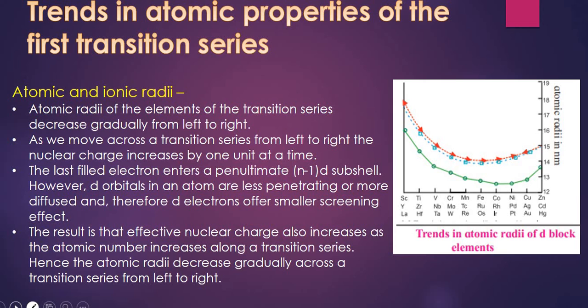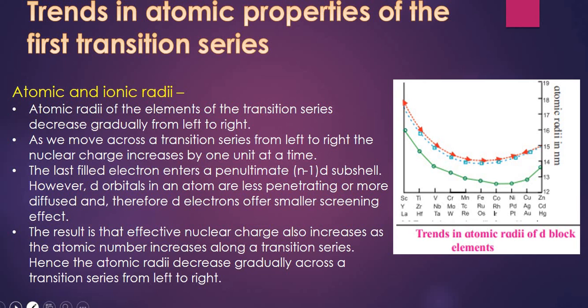There is one explanation for the minor variation in atomic radii within a particular transition series, but it is out of the scope. We are not going to learn that. We are only learning here that because of poor shielding, effective nuclear charge increases and atomic radii decrease.